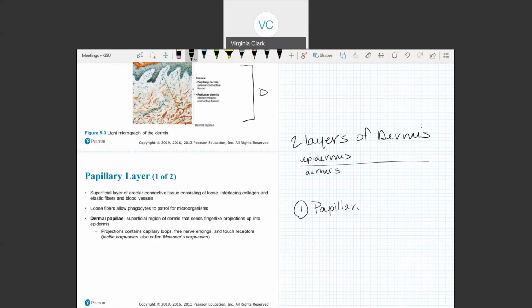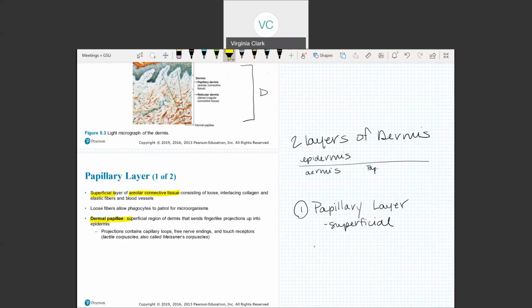So your papillary layer is this one. It is the most superficial layer of your dermis. It is made up of areolar connective tissue, so there's going to be lots of fibers: loose, interlacing collagen and elastin fibers, and our blood vessels. That's really, really important.